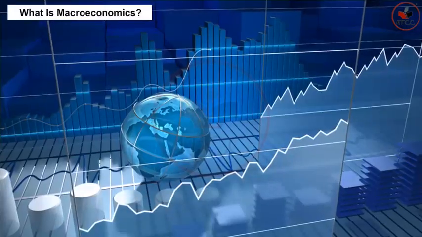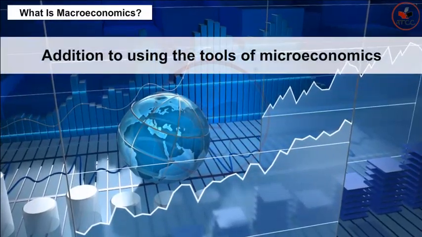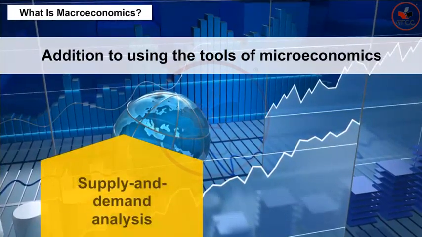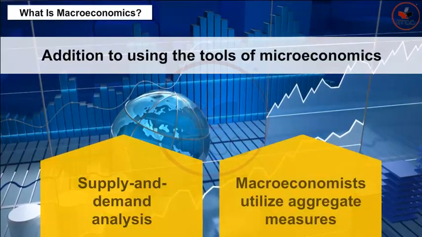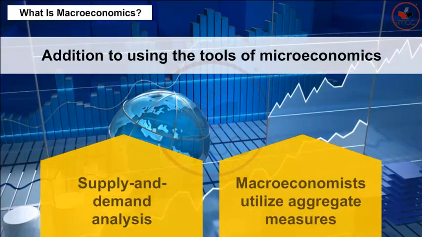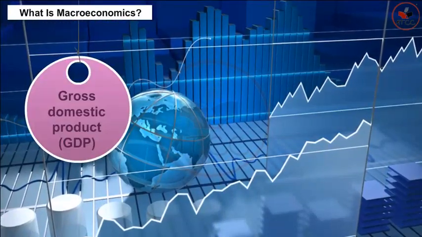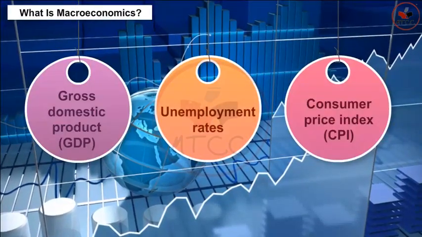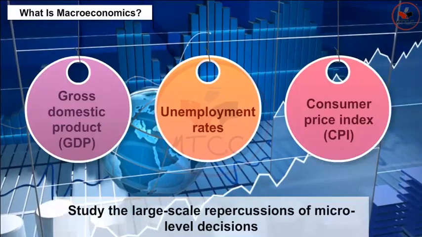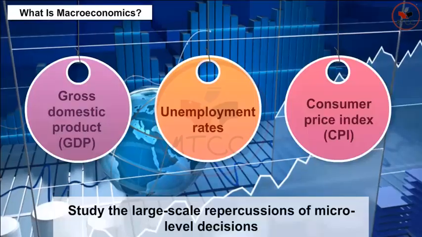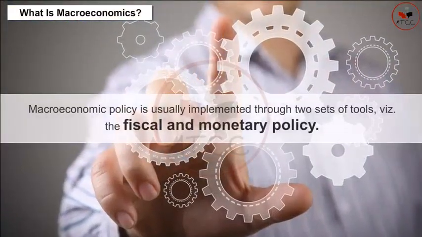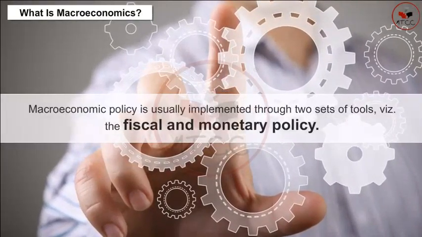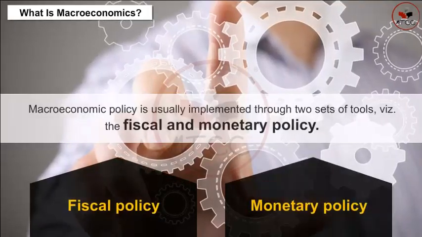Additionally, we can observe that in addition to using the tools of microeconomics, such as supply and demand analysis, macroeconomics utilizes aggregate measures like gross domestic product, GDP, unemployment rates, and the Consumer Price Index, CPI, to study the large-scale repercussions of micro-level decisions. Macroeconomic policy is usually implemented through two sets of tools, viz., the fiscal and monetary policy.